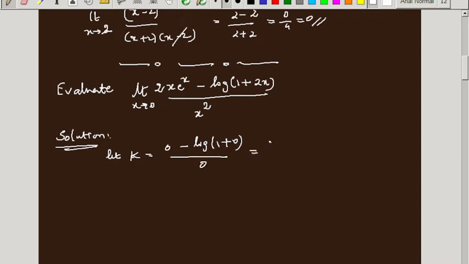Log 1 is 0, we are getting 0 by 0. So here this is nothing but f of x and the denominator is nothing but g of x. So here we are getting 0 by 0, it is nothing but an indeterminate form.